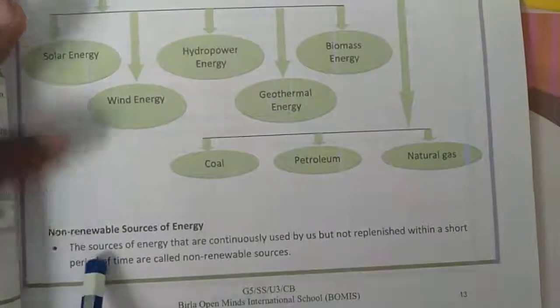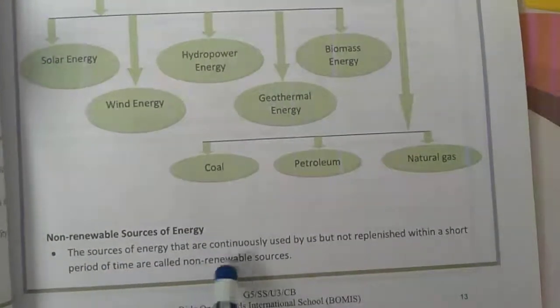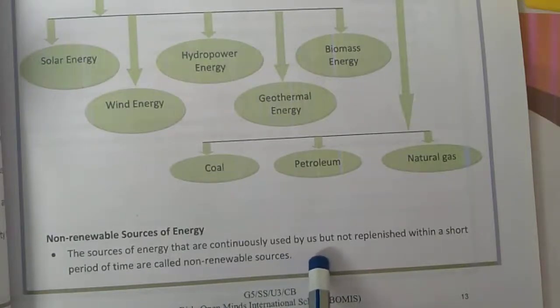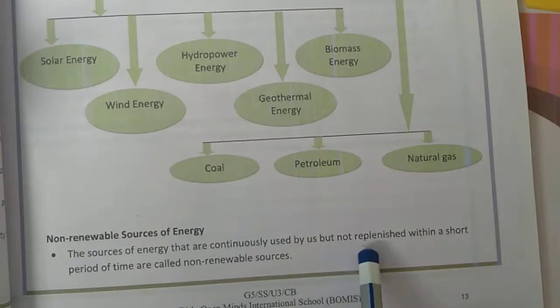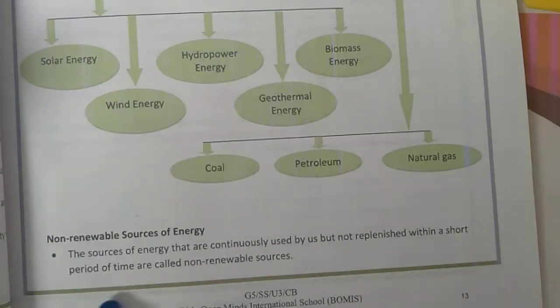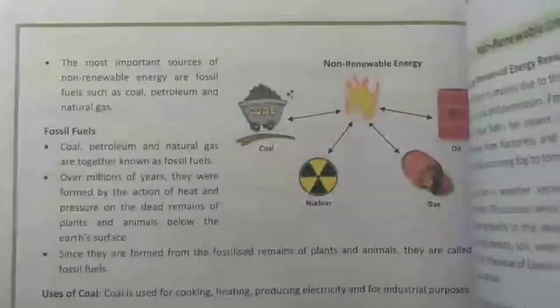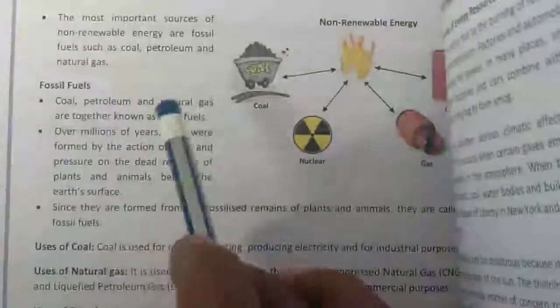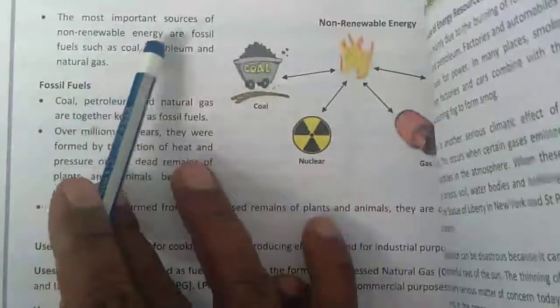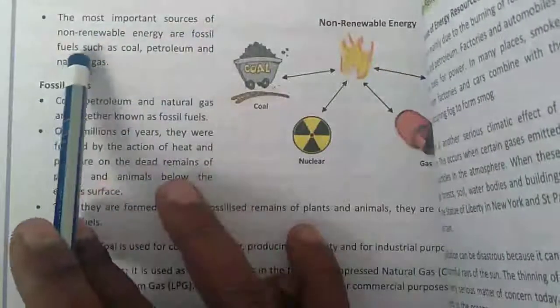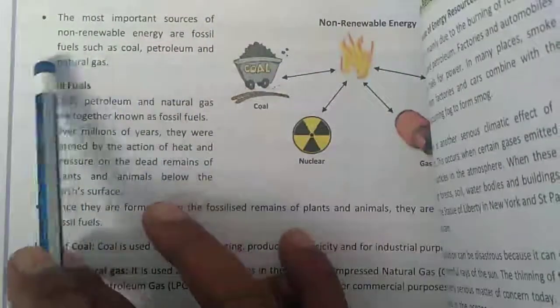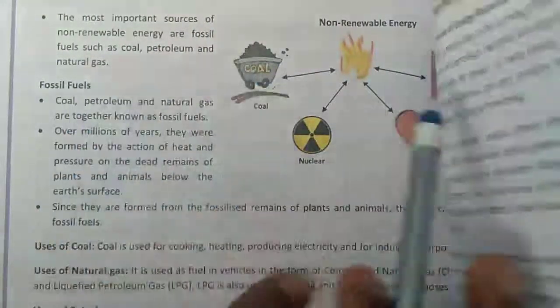The resources of energy that are continuously used by us but not replenished within a short period of time are called non-renewable energy resources. The most important source of non-renewable energy is fossil fuels such as coal, petroleum and natural gas.